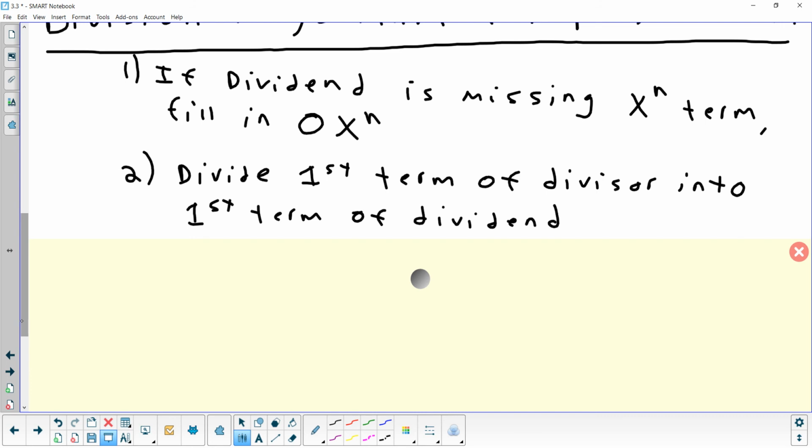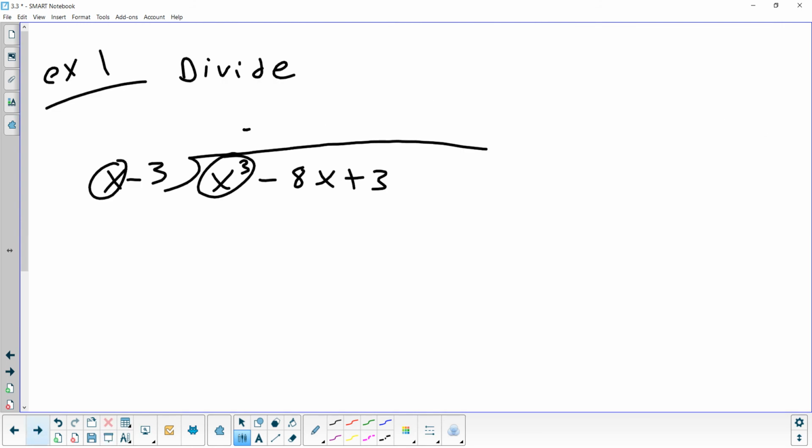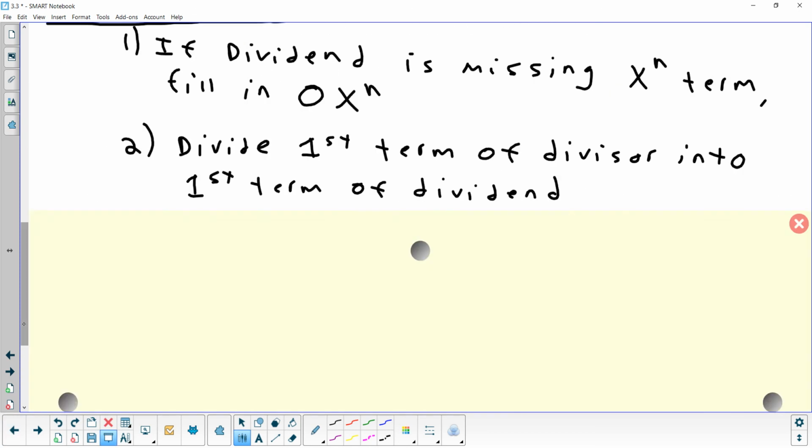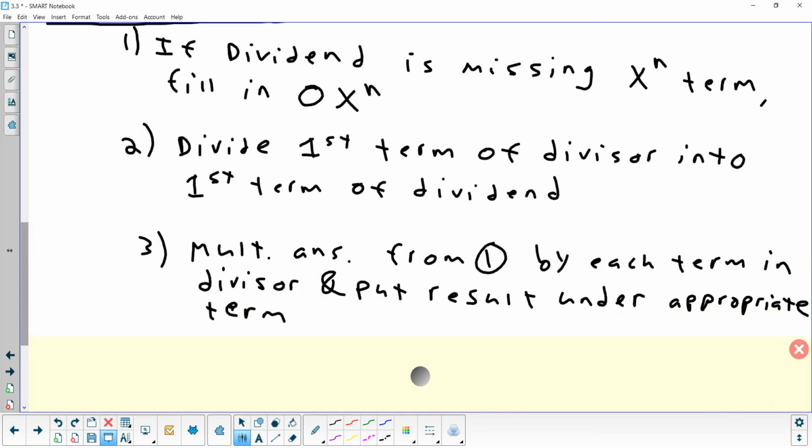Okay, once you do that, you're going to have something written up there. You're going to take what's written up there, and you're going to distribute it out to each term in the divisor. So multiply the answer that you got from step 2 by each term on the outside, so it's a distributive property.